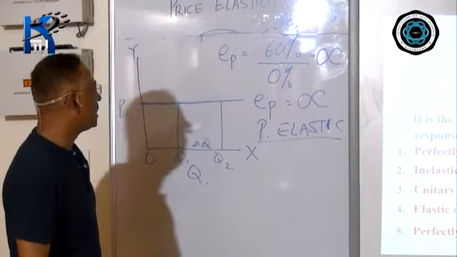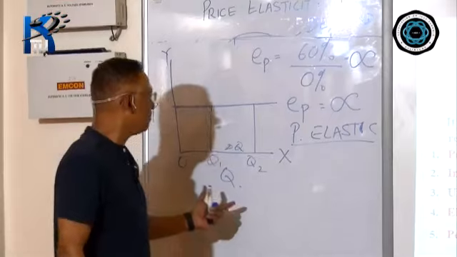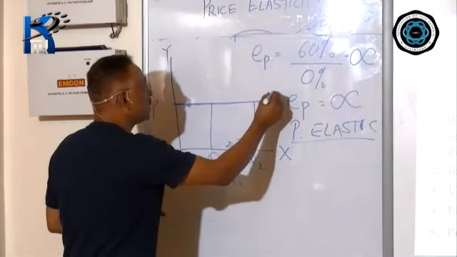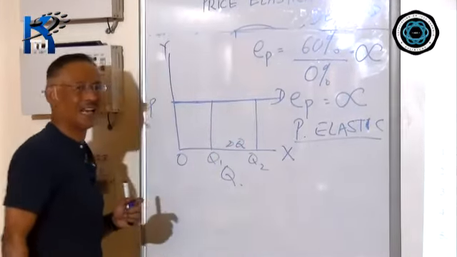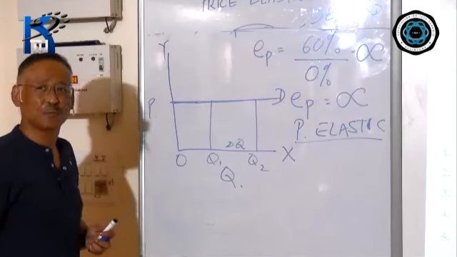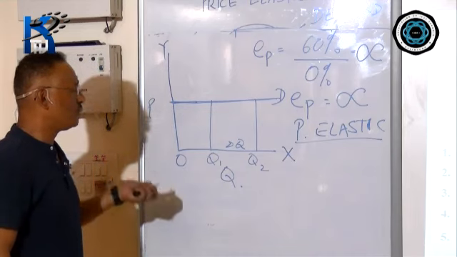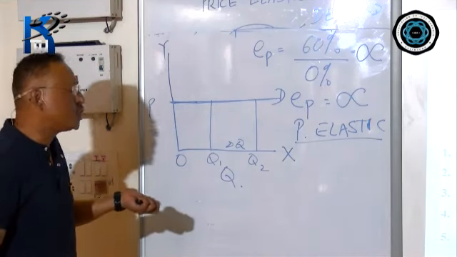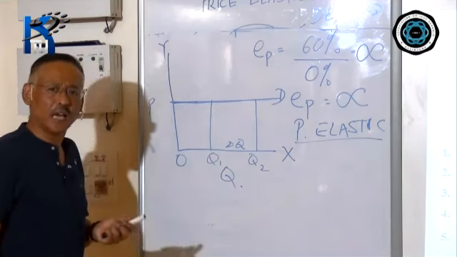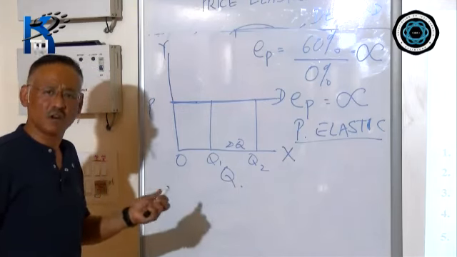So an example won't be there, but this behavior of the demand curve, which is parallel to the x-axis, actually takes place in a perfectly competitive market, which you will learn later when we explain the different forms of market.